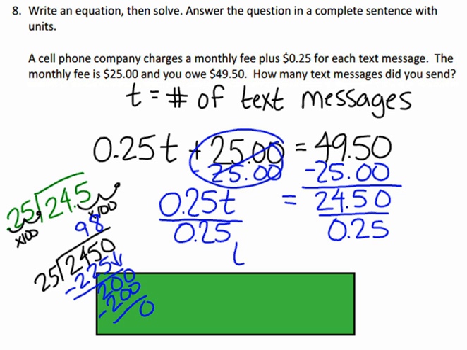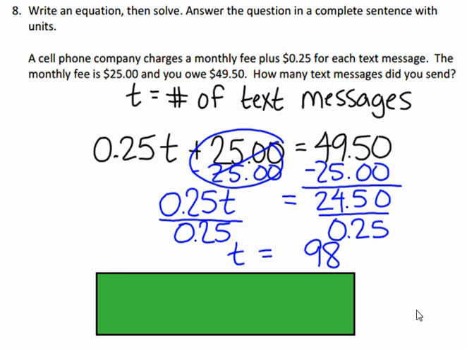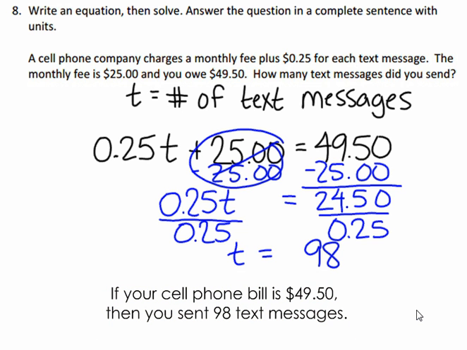So I get a value of 98 for T. Now I can use that to answer in a complete sentence and say, if your cell phone bill is $49.50, then you sent 98 text messages. And by writing a sentence, it also helps to make sure that you have units on your answer. So 98 text messages.